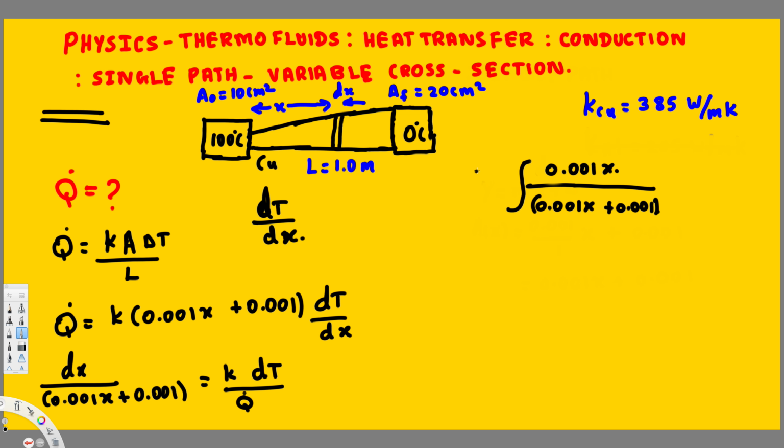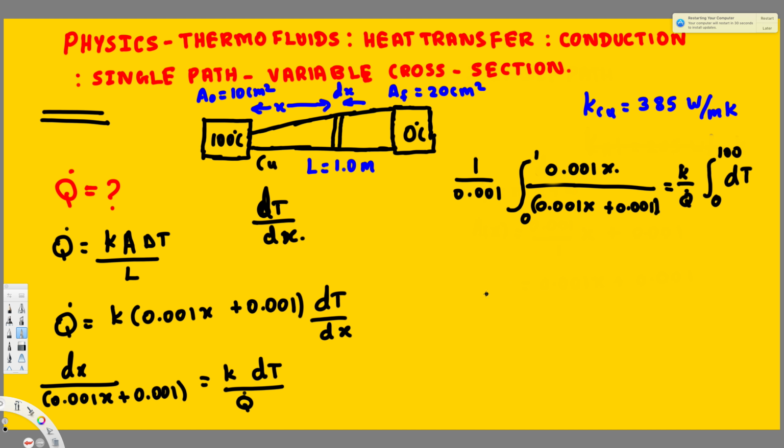If I multiply here by 0.001, I have to divide this one by 0.001. And the distance is starting from 0 to 1 meter, right? So that's our limits for distance. Now let's integrate this dT also. Here we have k over Q dot and integration of dT, and that temperature is from 0 to 100 degrees Celsius.